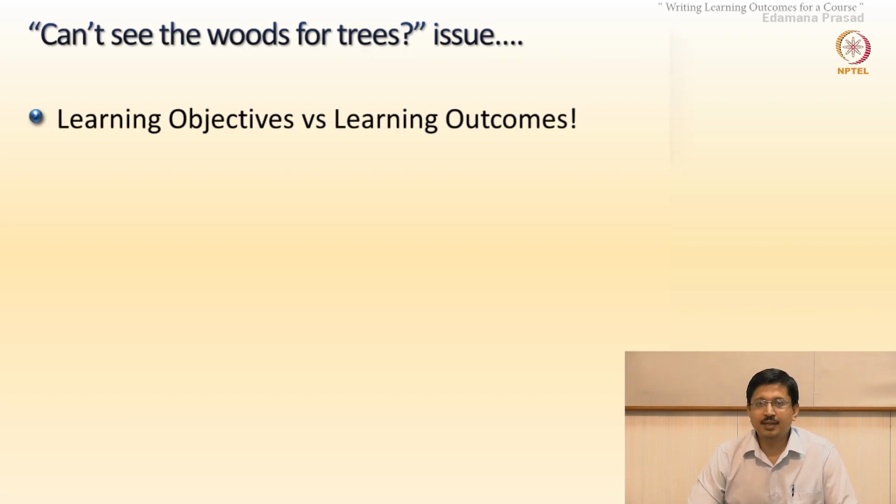However, in this particular context, I would like to confirm that there is no difference between learning objective and learning outcome. Both are teachers' expectations about learning. And we write the learning outcome or learning objectives at the beginning of the course, not at the end. So it is not what is achieved in a course, which comes after assessment. This is rather teachers' expectations about students' learning in a course.